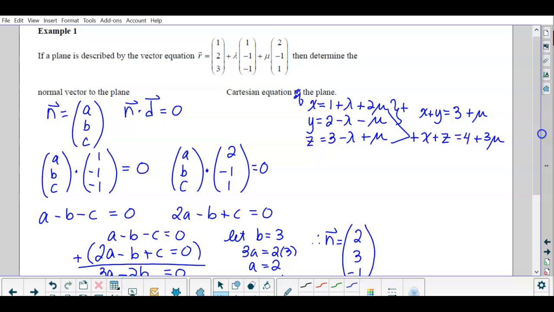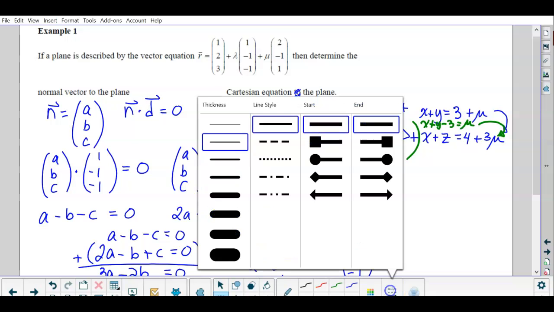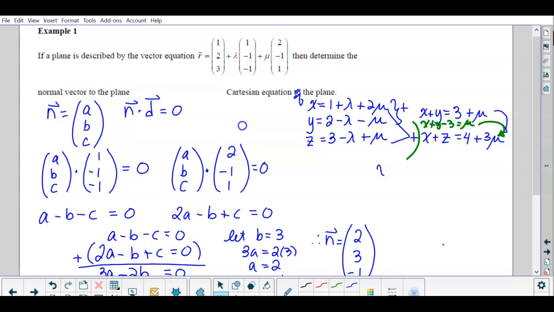And then you could eliminate mu or use substitution. So this into here. Right, so if I solve for mu here, and then I would have x plus z equals 4 plus 3 times x plus y minus 3.